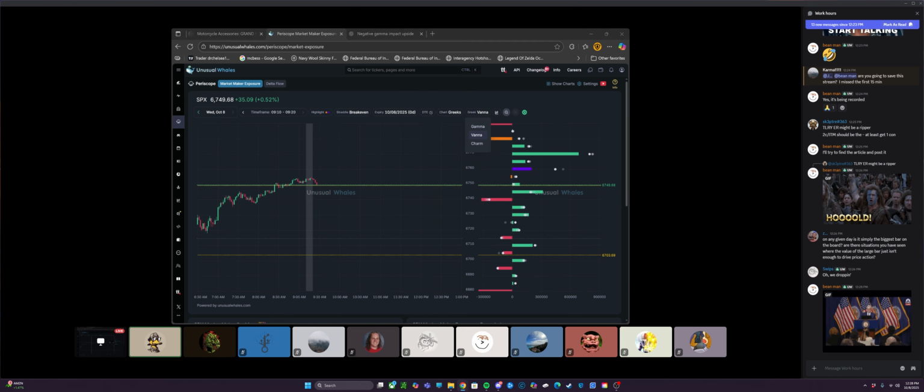Now, charm is a little bit more complicated. Charm acts a lot like an accelerant, and what charm measures is how delta changes with time. So charm is largely a measure of theta and its effect on delta. So as time passes, delta changes, even if price and volume don't move, which can cause market makers to adjust hedges proactively to reflect the decreased time and the likelihood of price action hitting certain strikes.